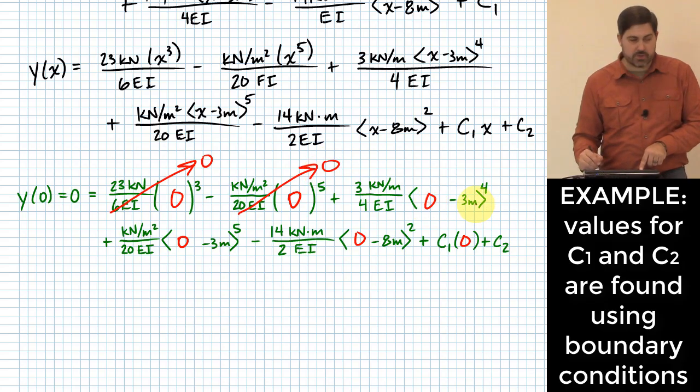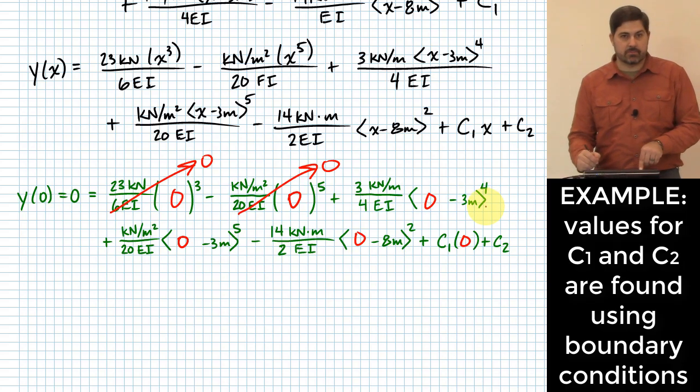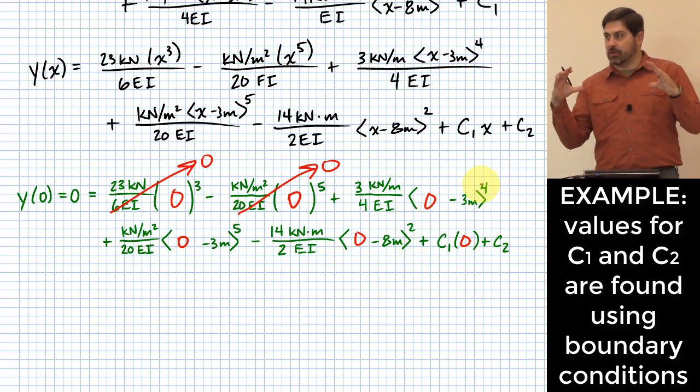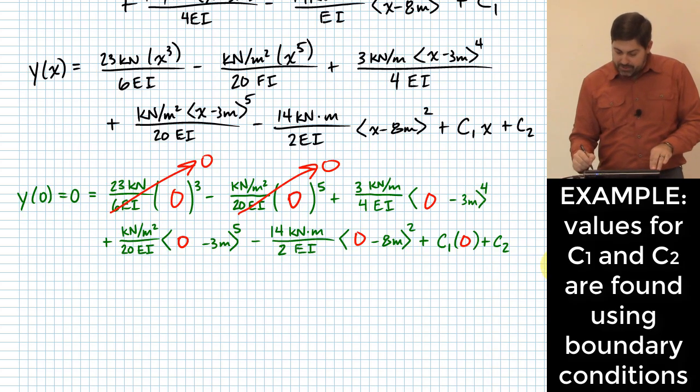That one's obvious. This one's obvious. What about this next one? 0 minus 3 meters would give you what? Negative 3 meters, okay? Which if this was just ordinary parentheses, 3 meters raised to the 4th would not be 0. But this is not just ordinary parentheses. These are the brackets that represent that this is a Macaulay function. And since it's a Macaulay function, we need to go and look at the definition.